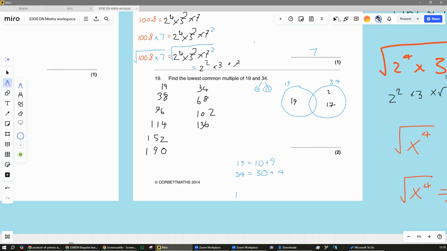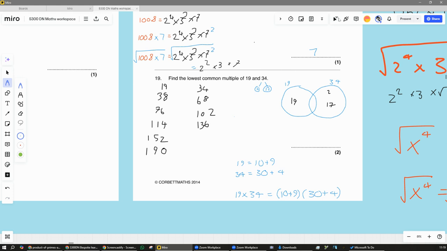So when we do 19 times 34, that's the same thing as doing 10 plus 9 multiplied by 30 plus 4.